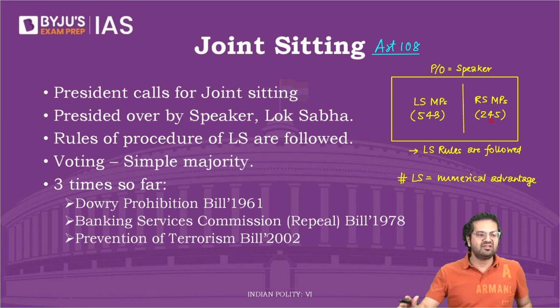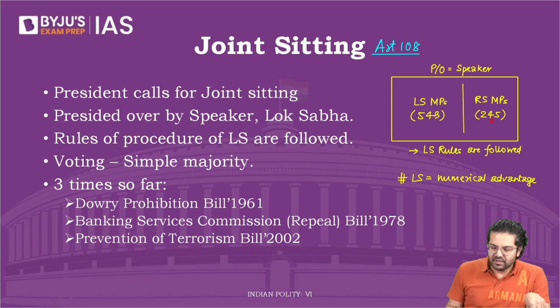For those who don't know, 788 people can sit in total and we take the vote. Are we clear? Voting. If more than 50% people say yes, done. Bill is passed.